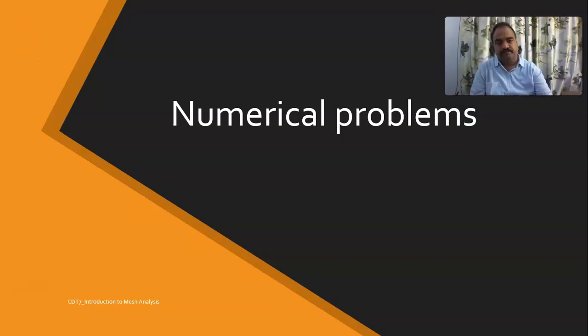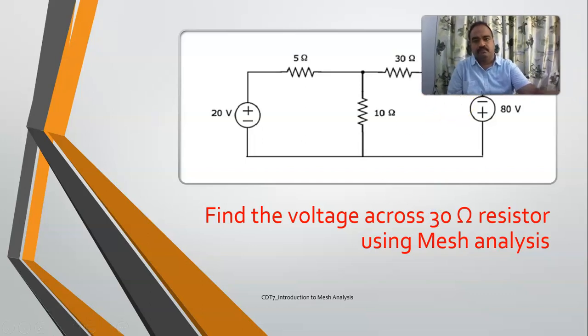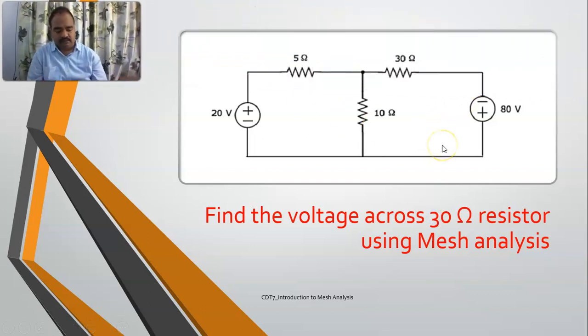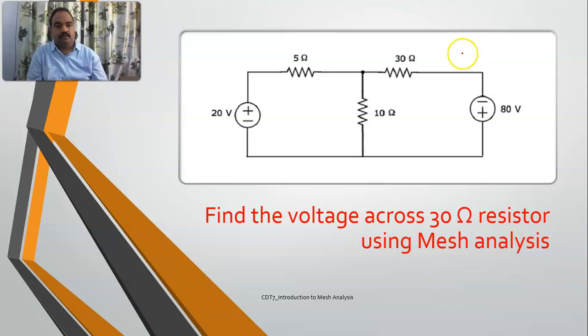So this is your network. You are supposed to find the voltage across this 30 ohms resistor using mesh analysis. So how to determine the voltage across this one? First of all, let me explain, then I'll give the steps for you.